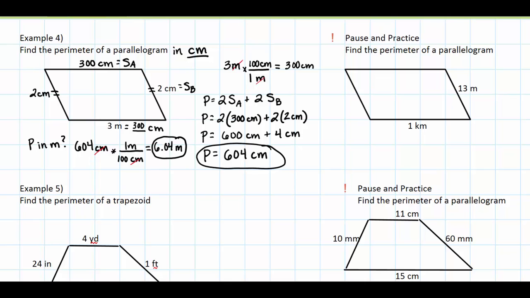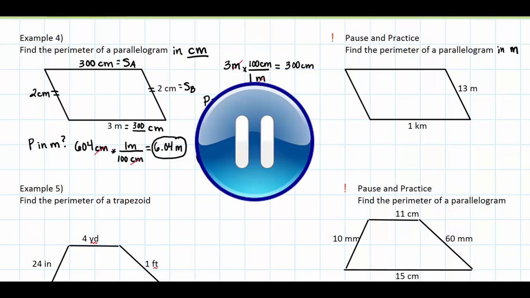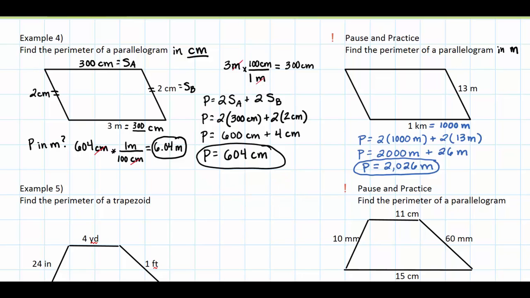The practice example says find the perimeter of a parallelogram. Let's find this perimeter in meters. Please pause the video and attempt this practice problem on your own now. Notice the problem has been solved for you.